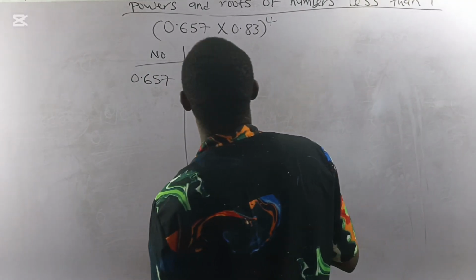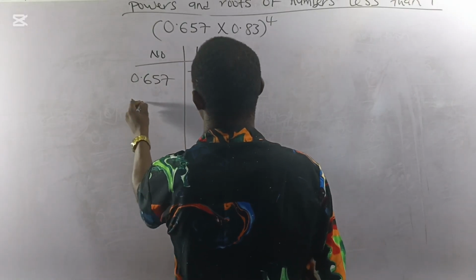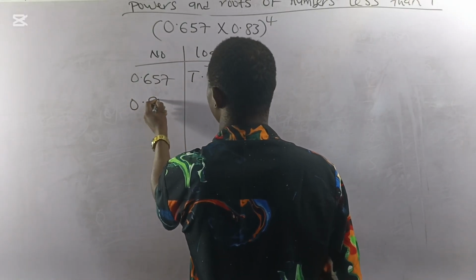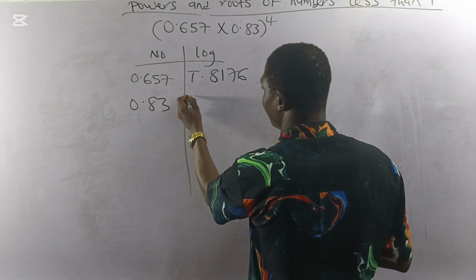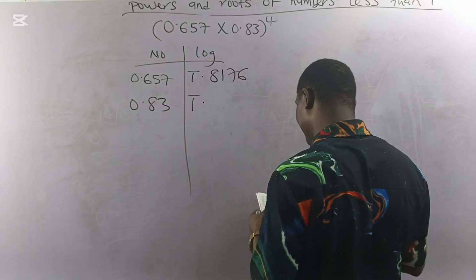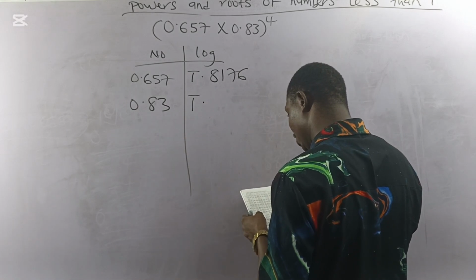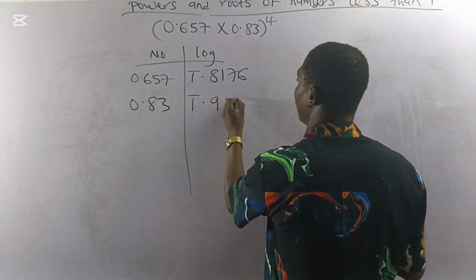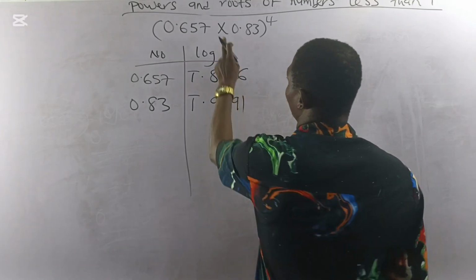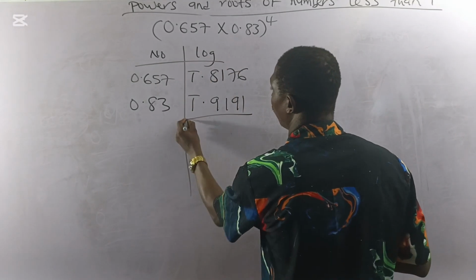And we also check for that of 0.83. One digit for the decimal, so this is bar 1.83 under 0. 83 under 0 gives me 9191. And because of multiplication, like we've been doing, we add up.